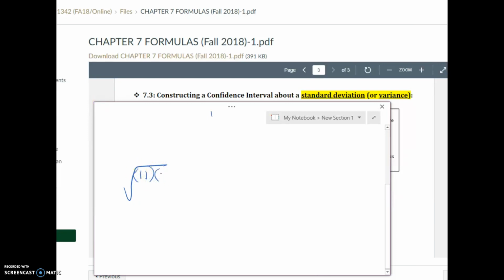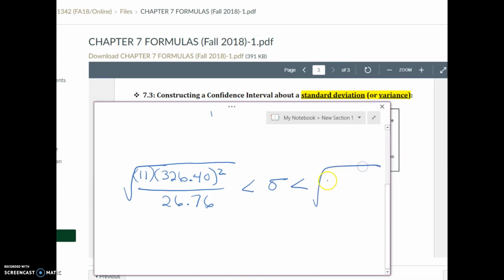And then you do your standard deviation, mine was 326.40, and you square that. Don't forget to square it. Divided by the lower bound, you use your chi-squared to the right value, because dividing by a bigger number will give you your lower bound. And then on the other side, you do the same thing, except you use the chi-squared to the left value.